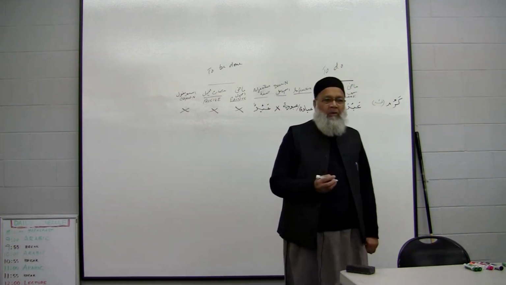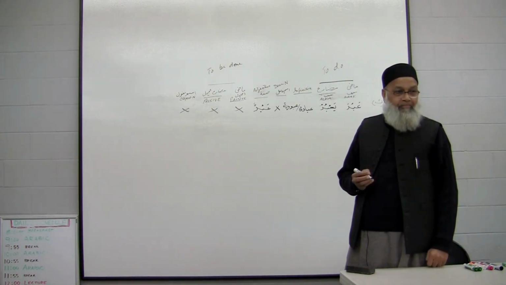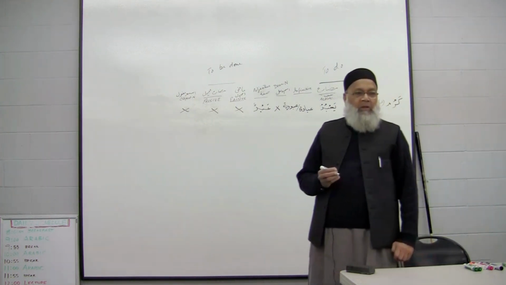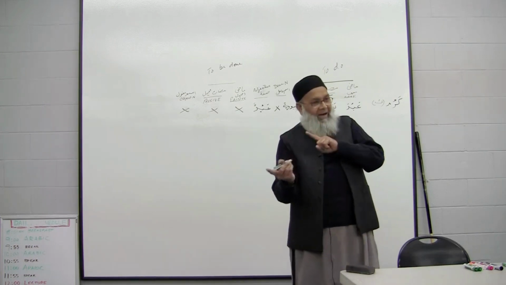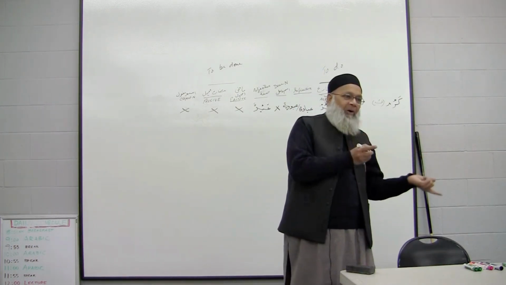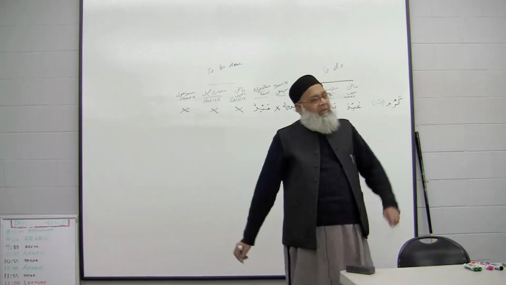Why don't we have the Madi Majhul and Mudari Majhul? Because they are not acts. When there is an act, there is fa'il and the one acted upon. Correct. Since these are not acts, there is no maf'ul, there is no passive voice.